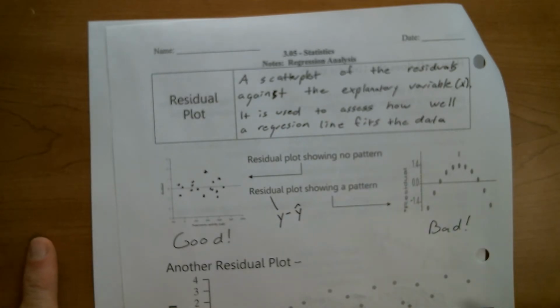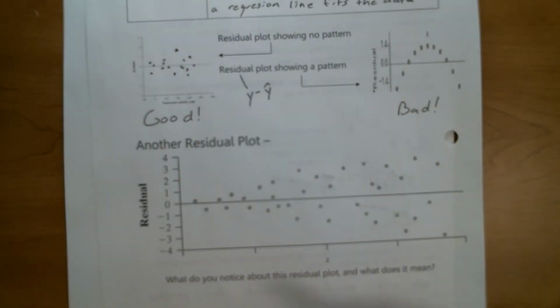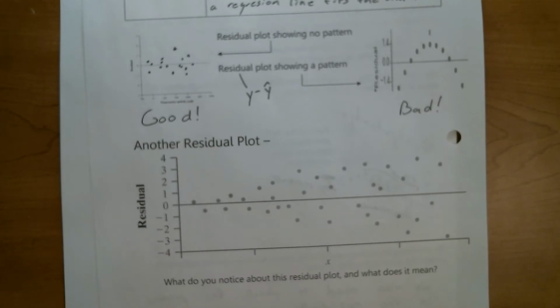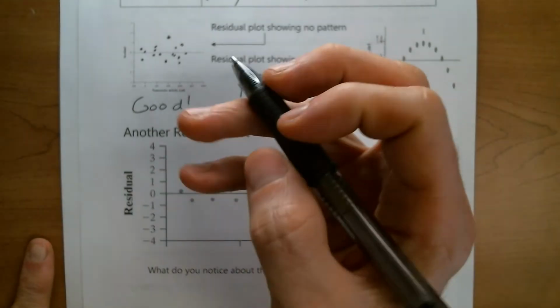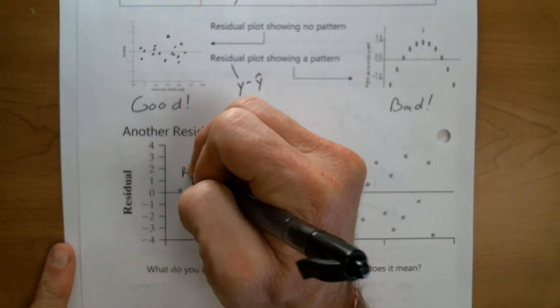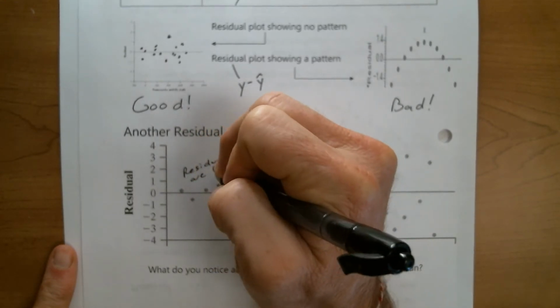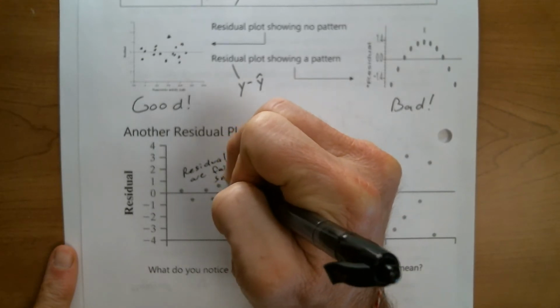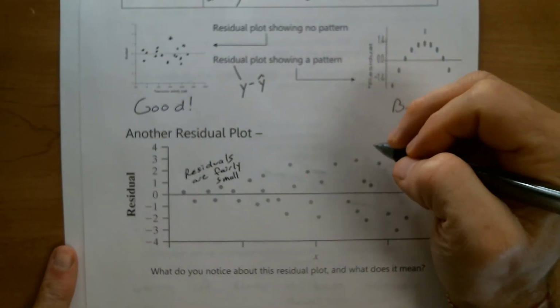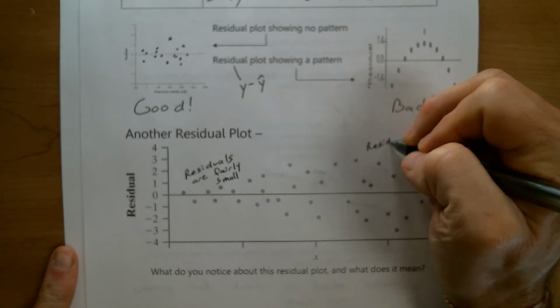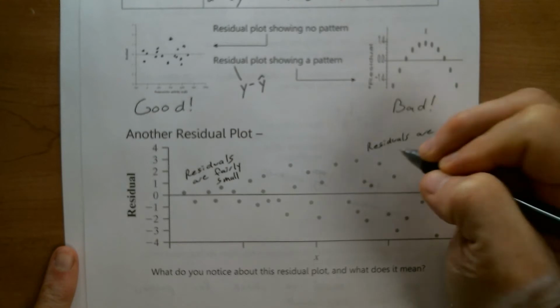Now, let's take a look at this one, because this one's maybe less obvious. If you take a quick glance at this, you're going to say, oh, all right, this looks pretty good. They're scattered above and below. What's wrong with this one? Well, what you can notice is that down at this end, the residuals are fairly small, and at this end, all the residuals are fairly large.